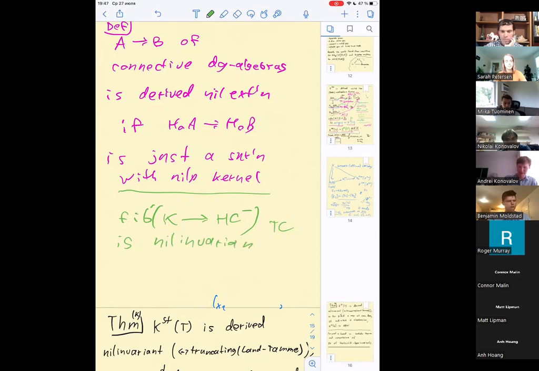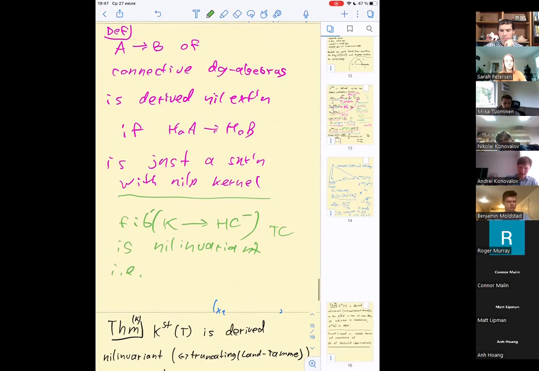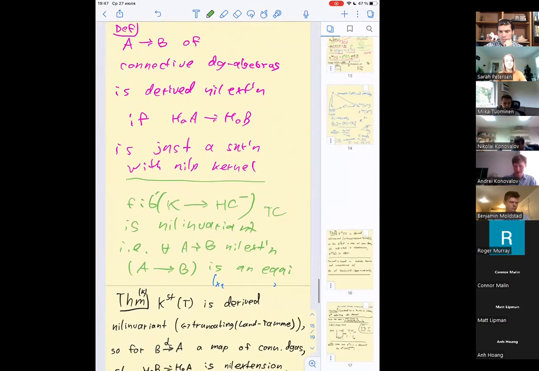When I say nil-invariant, I mean that whenever you have a nil-extension A to B, the value of your invariant on this map is an equivalence. This is a really powerful theorem that helps to compute algebraic K-theory and was used a lot during the last 30 years, I guess.